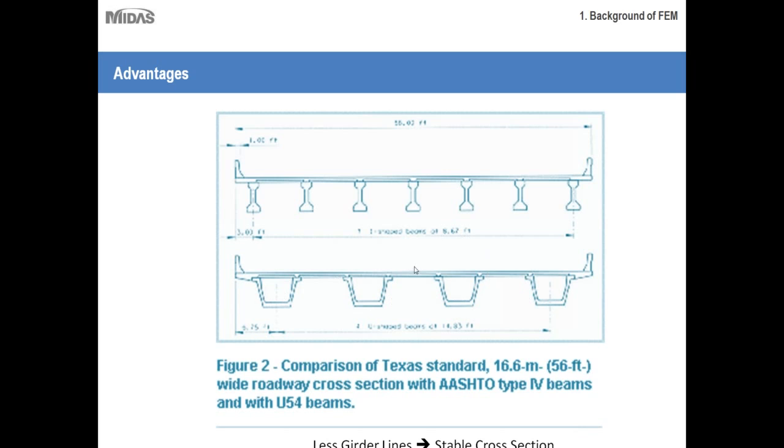So this type of section reduces the number of girder lines, and that means the entire cross section will be much more stable. It will not be very flexible, and therefore it is much easier to handle and erect for longer spans. So it enables you to get fewer girder lines and therefore a stable cross section.